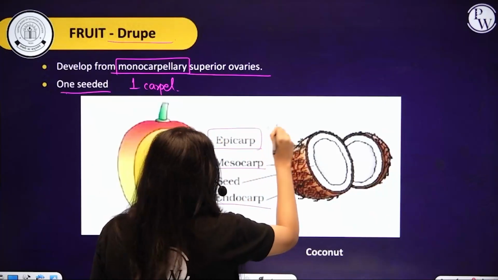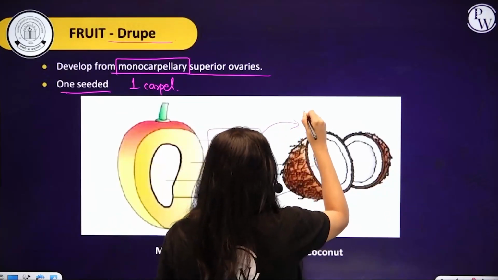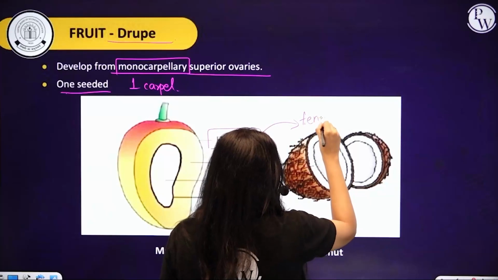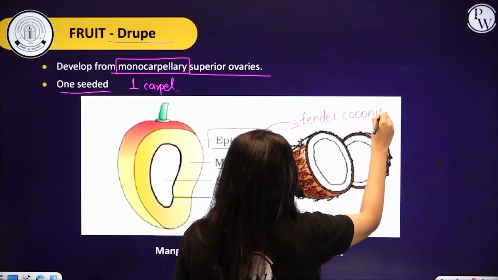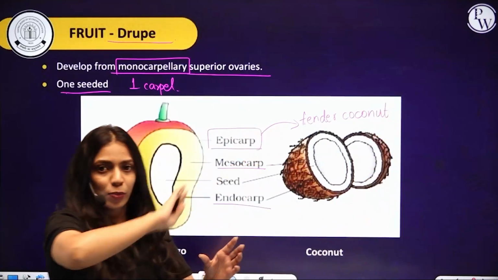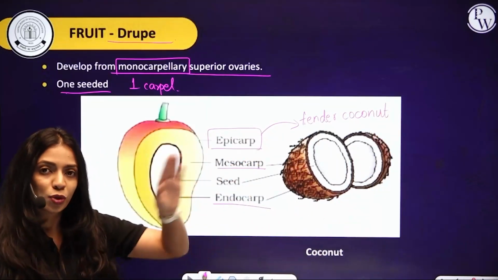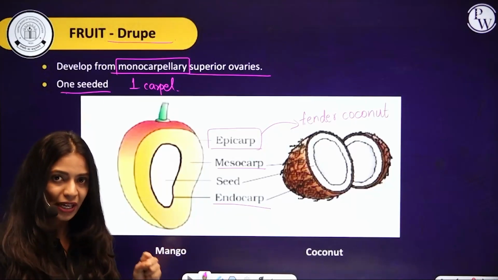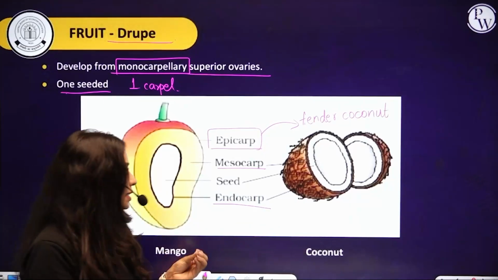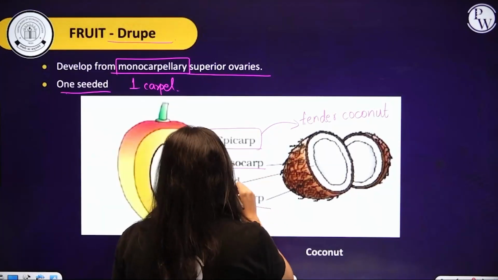Epicarp in coconut is the outer leathery portion of tender coconut. Outer leathery, smooth portion in tender coconut, that is the epicarp. Once you remove that, you have a lot of fibrous stuff. That is the mesocarp.